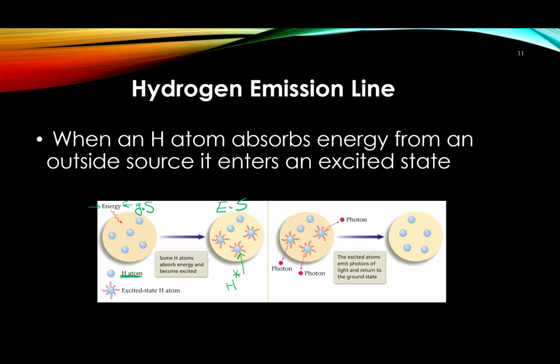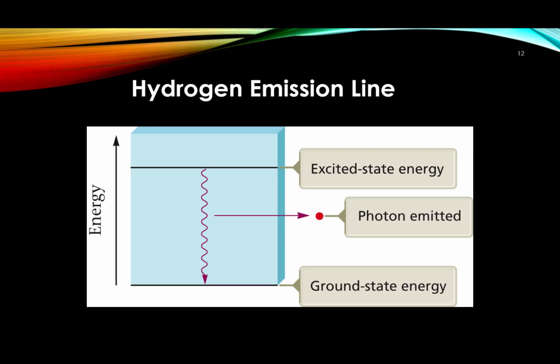Now once that hydrogen atom is excited, it will go back down to ground state and it releases the energy. Exactly the same concept. This is the emission line for hydrogen. Let's draw it right here.